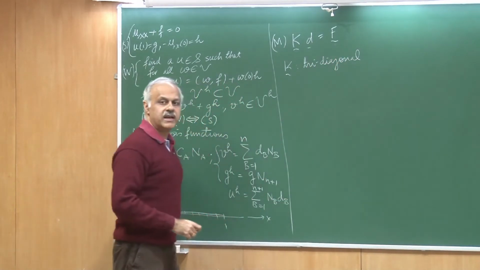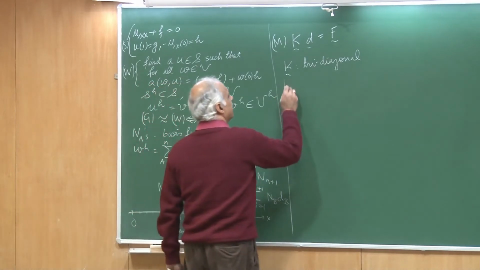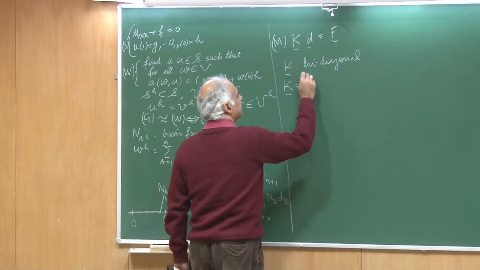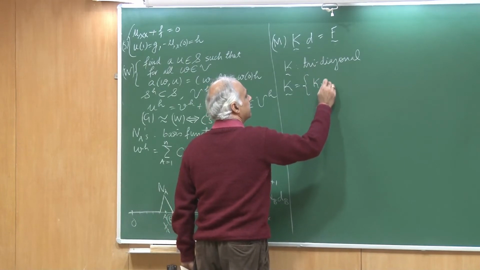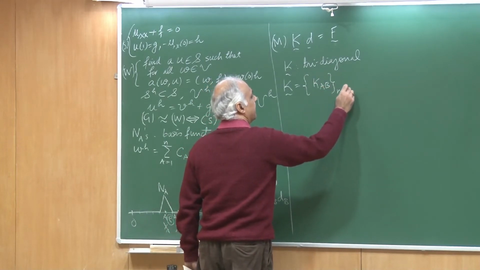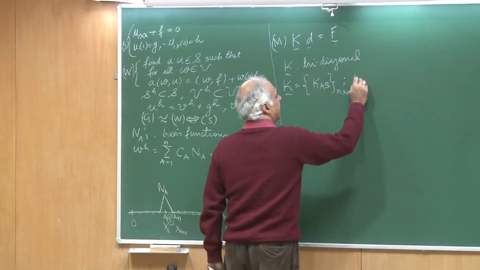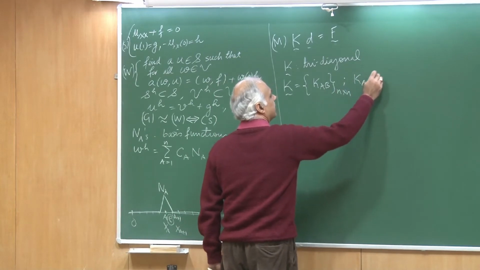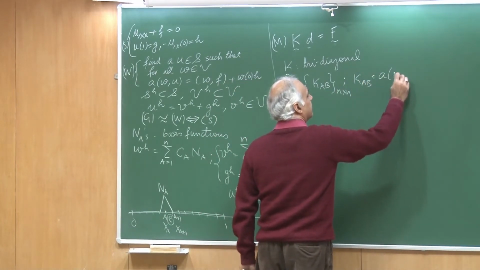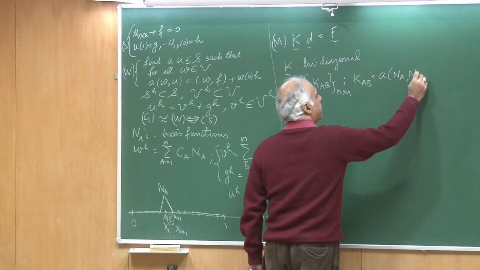And we were able to get the explicit forms of, so K was given as K_AB, which is an n by n matrix, and K_AB was a(N_A, N_B).